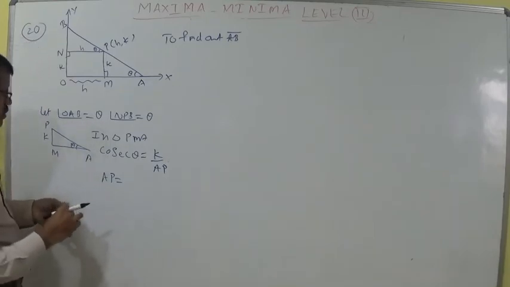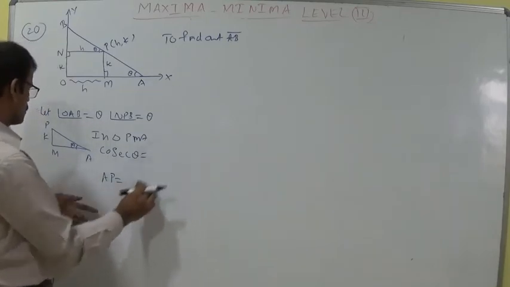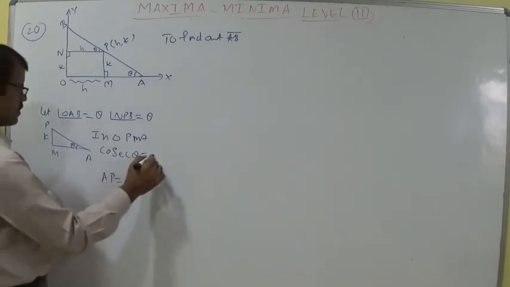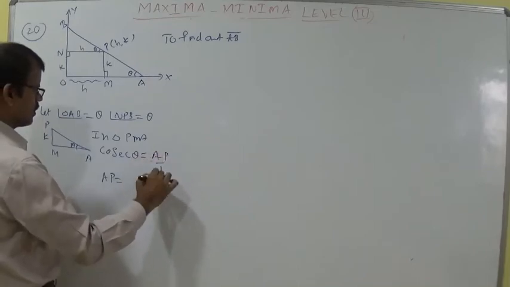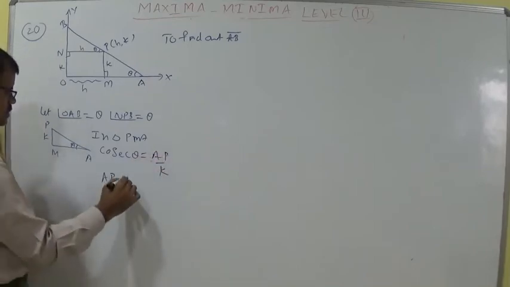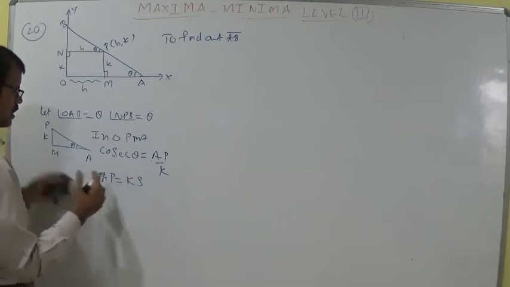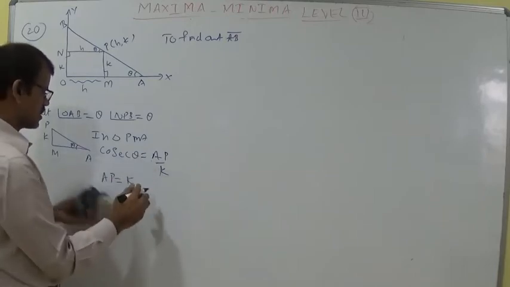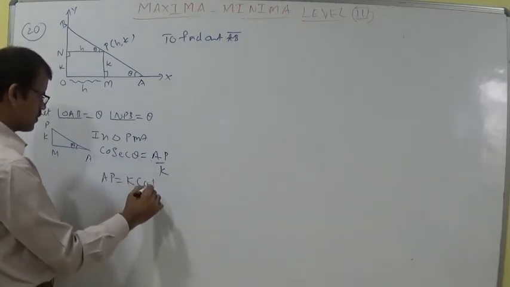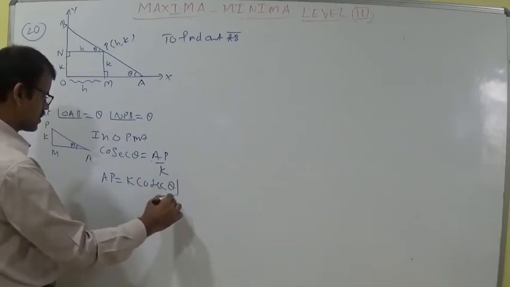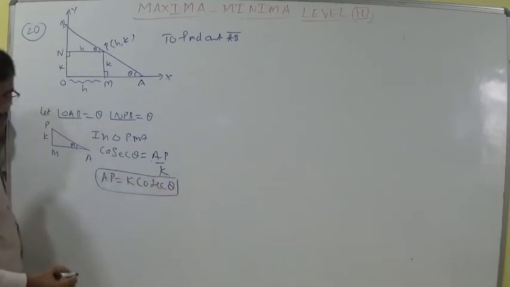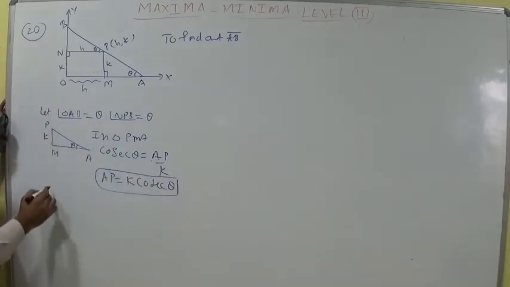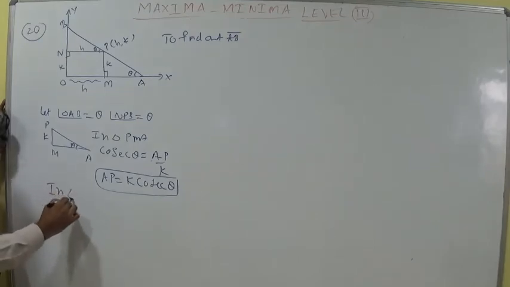Otherwise cosec theta is AP by K, no problem. So simply you write AP is equal to K cosecant theta. Put the box.